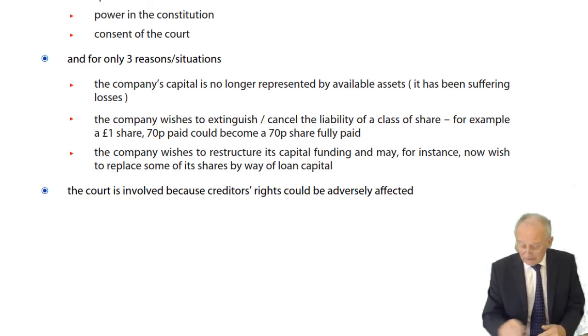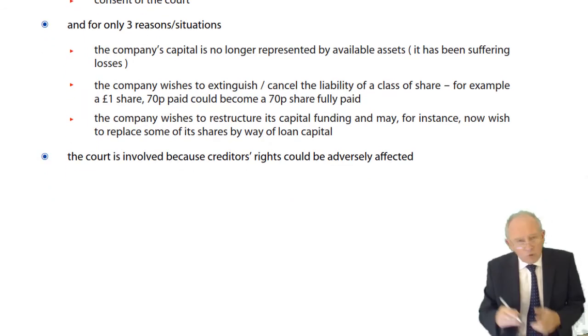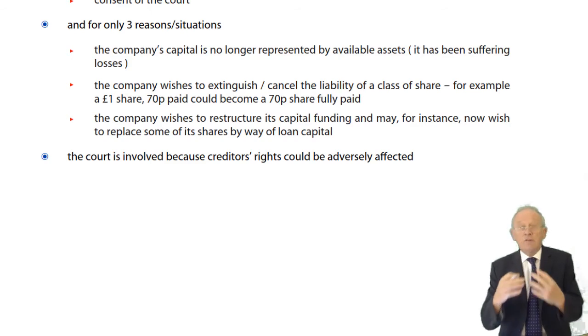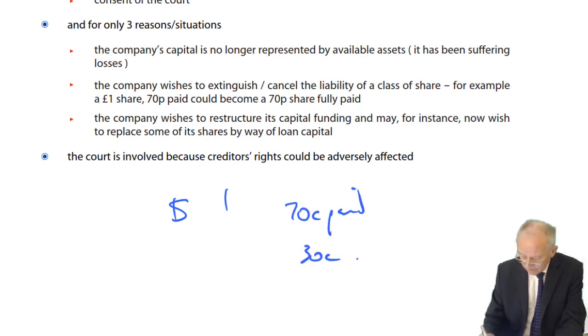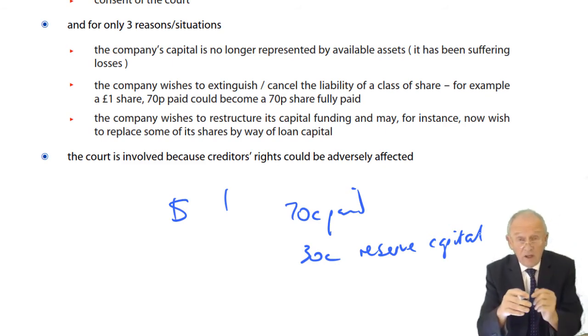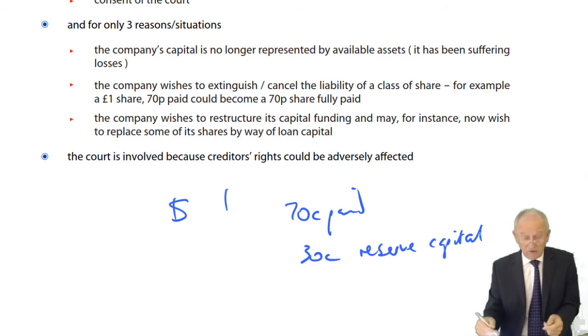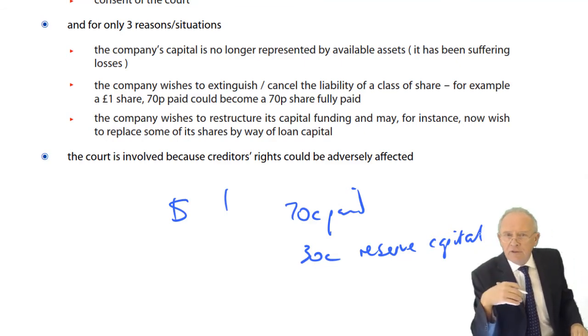The second possibility is where we want to extinguish, and this is the one that affects creditors, what is called reserve capital. If we've got a $1 share and it's 70 cents paid, then that 30 cents is called reserve capital. And if you're a shareholder and you've got 1,000 of these shares, you've got a $300 liability hanging over your head.